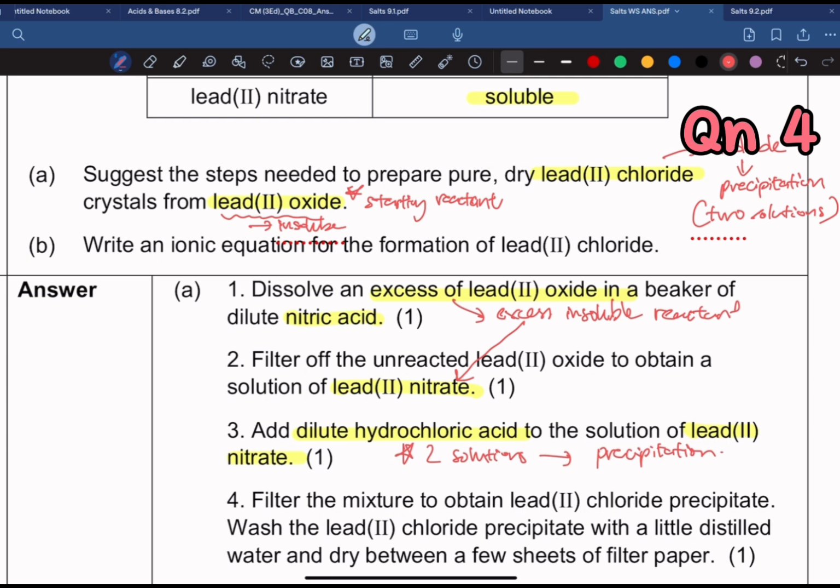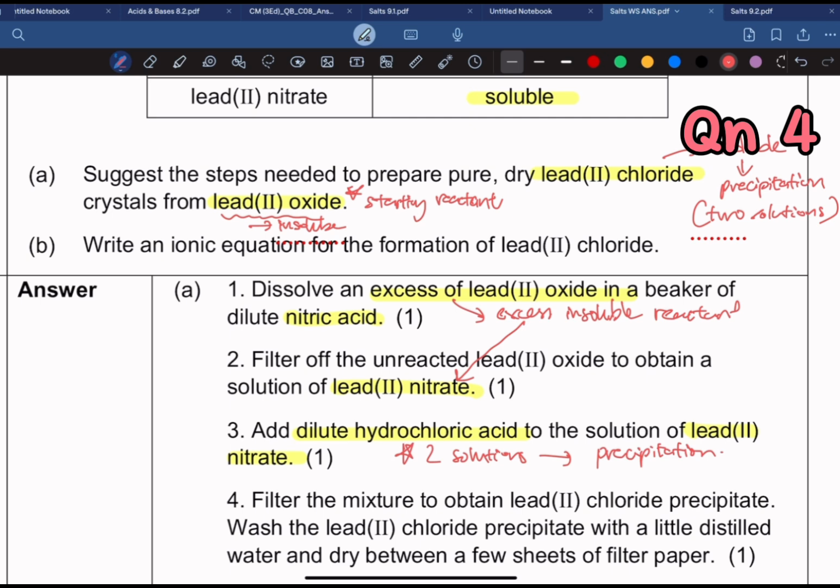We are just going to throw you a starting reactant that's not suitable for that method, and then we can see whether you blindly follow what is thrown to you, or you think critically about how to get the starting reactants that you need or that are suitable for that reaction. Okay, so that's mainly what you need to note for this question.